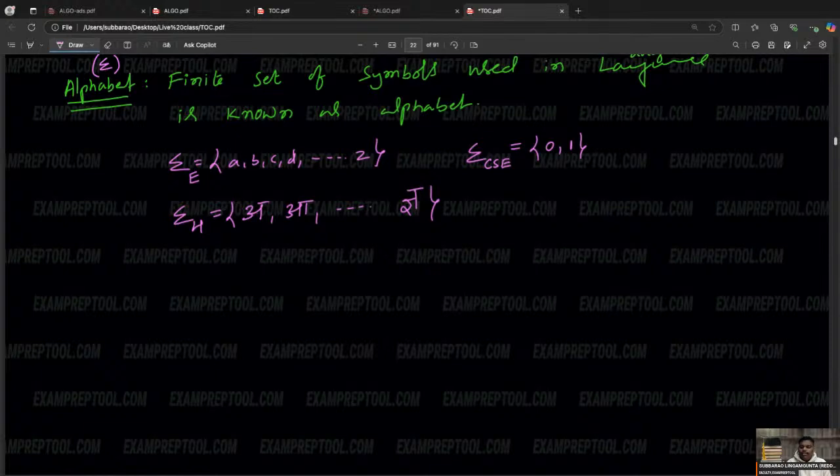At least one symbol is required. Finite set of symbols used in any language is known as alphabet. In TOC also, every automata, meaning machine, has its own alphabet.